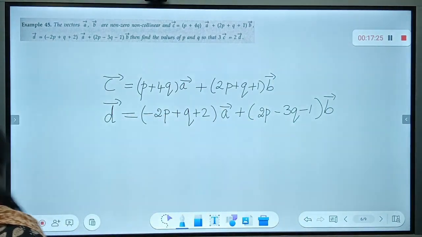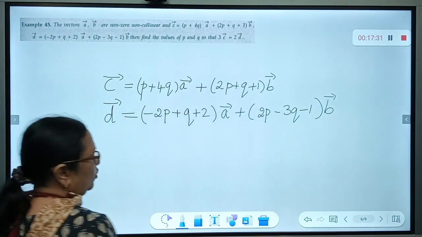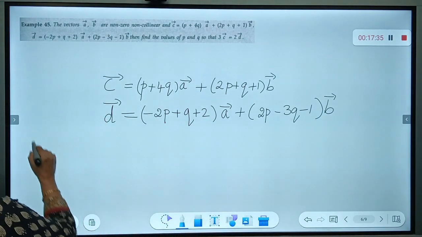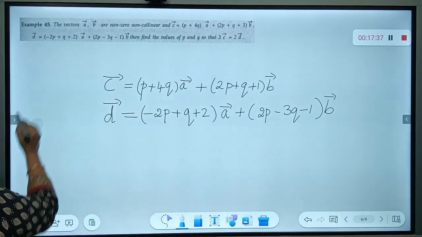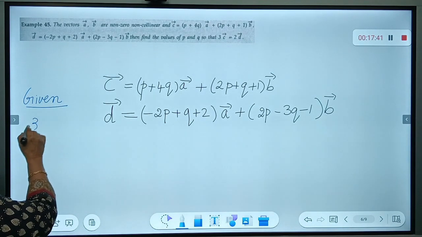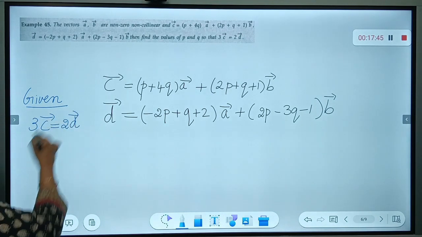You are given two vectors, C vector and D vector, and you are also given 3C equal to 2D. Given 3 times C vector equal to 2 times D vector.